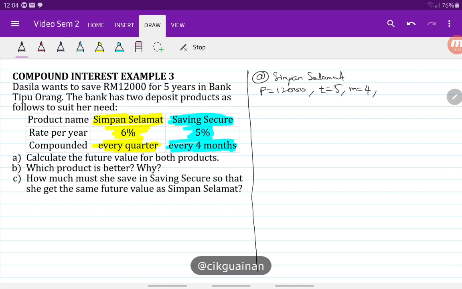So the P is 12,000, 1 plus J. Oh, I forgot J, 6%, which is 0.06.